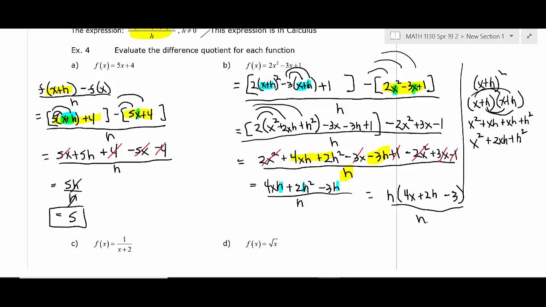Now what happens? The h's cross out, and then you're done. So your answer is going to be 4x plus 2h minus 3. How does that look to some of you out there? From your background: FOIL, distributive property, collecting like terms, factoring. That's what you do in this kind of thing.